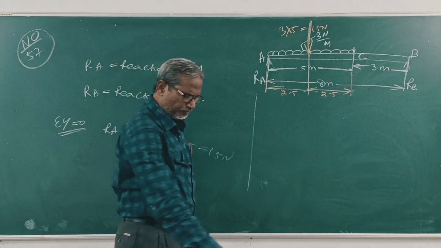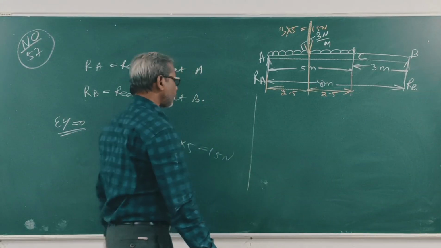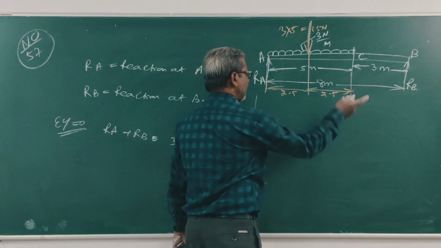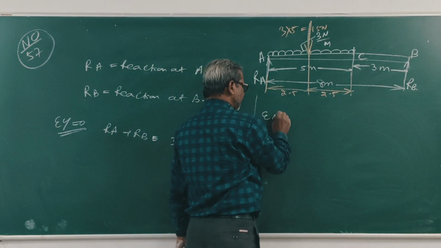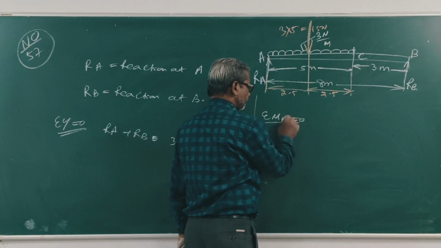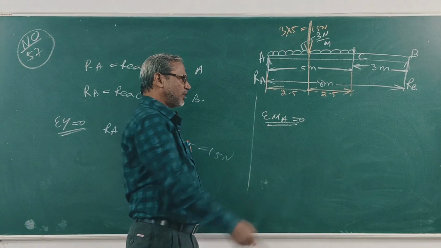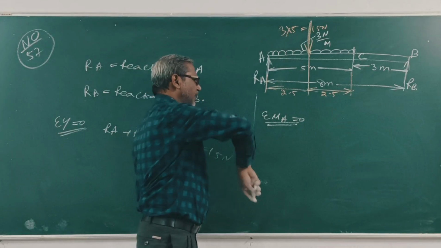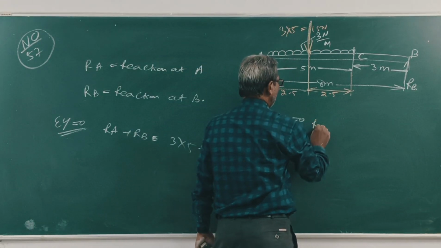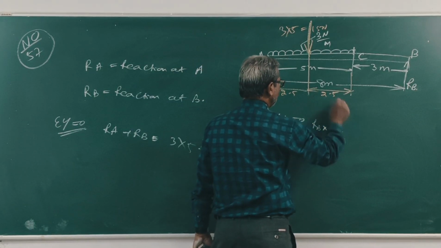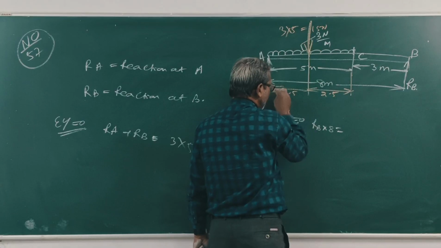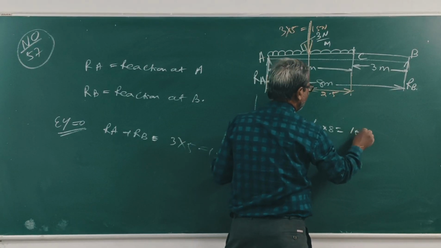Now take moments about A, sigma M equal to 0. RB into 8 is equal to 15 into 2.5.